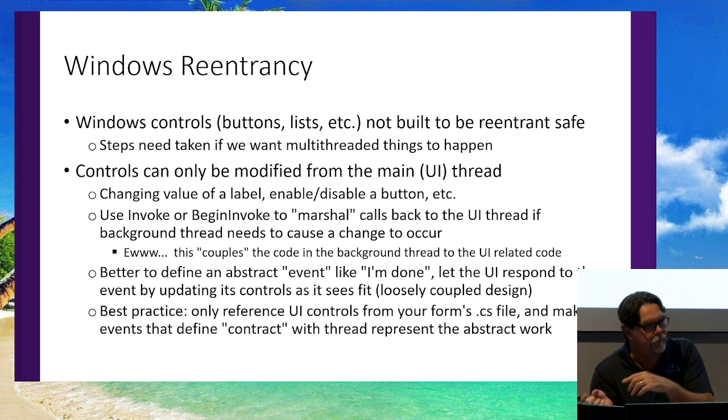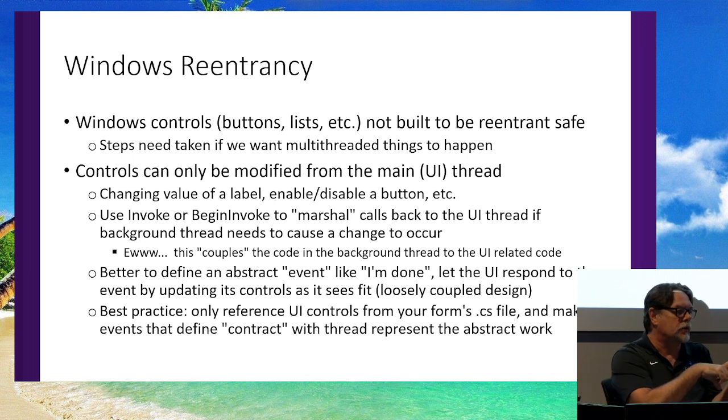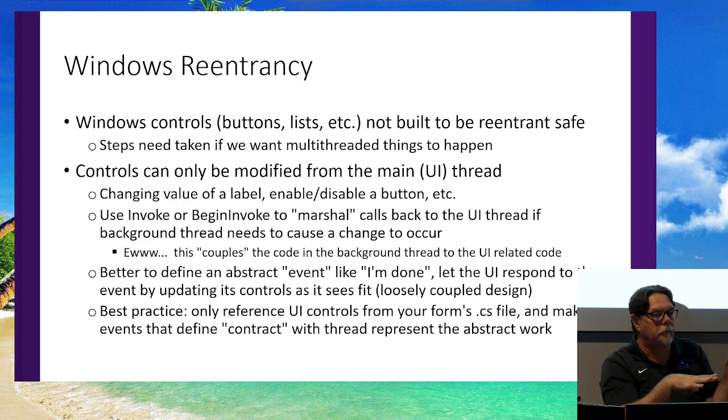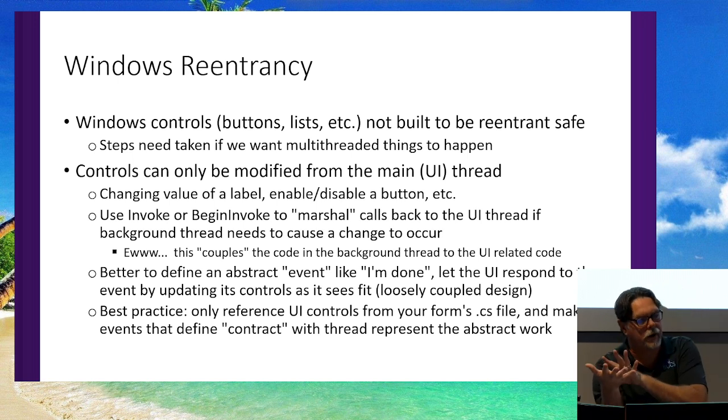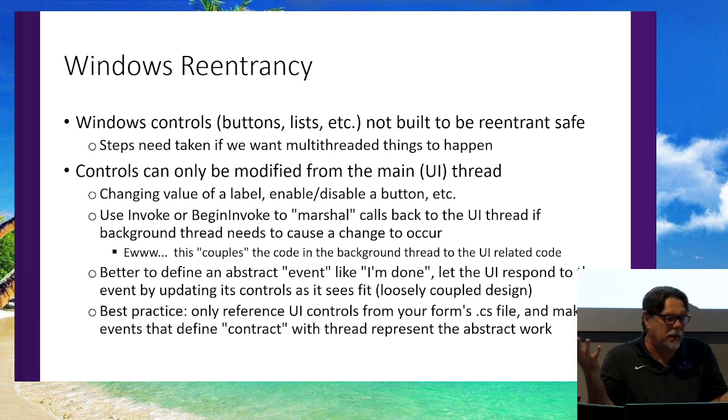And when you send that event, the Windows application says, okay, fine, set the button text to this. The web application says, write some HTML that does this. The Android application says, whatever. But let them deal with how you implement that and be abstract with the nature of the event that you define. And sometimes you have to be kind of clever with it and it gets hard, but the concept is there.